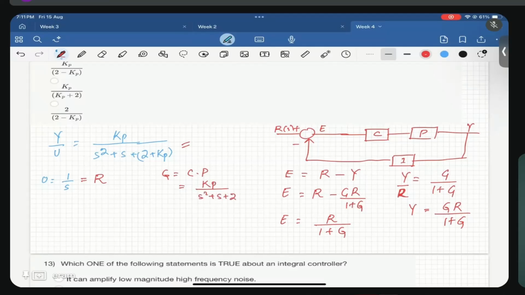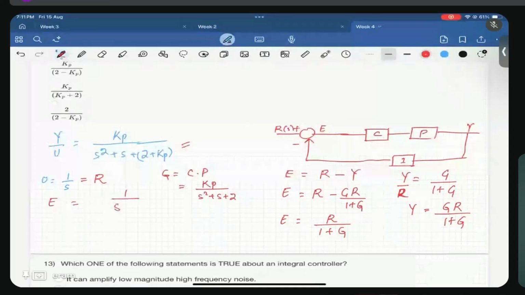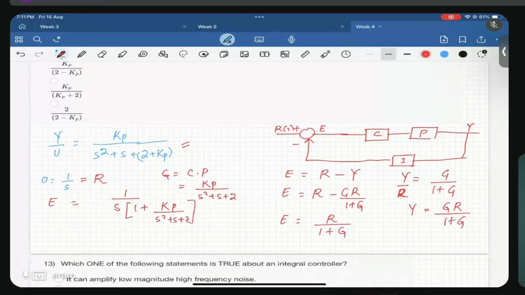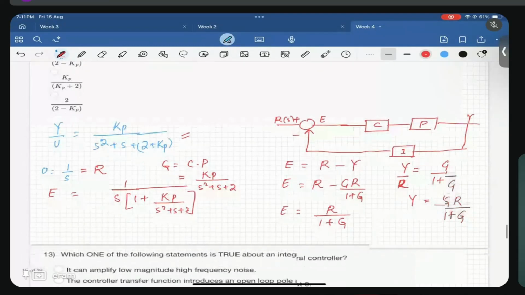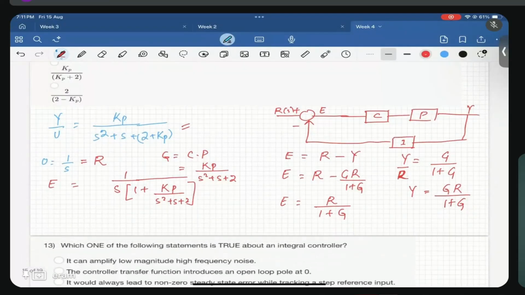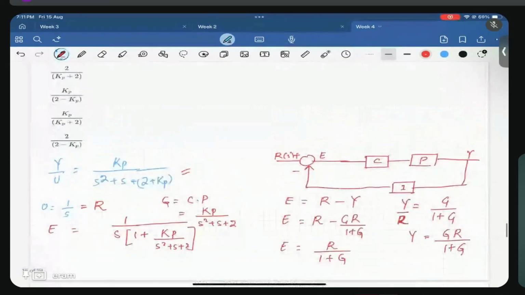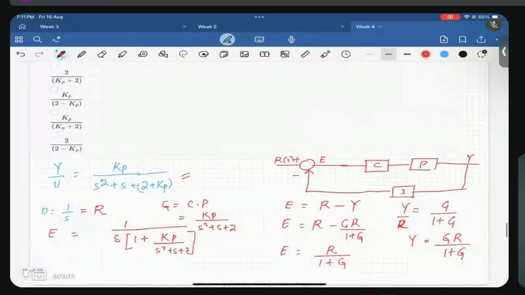So E is 1 by s into 1 plus Kp by s square plus s plus 2. Now for the steady state error, what do we need to do? We can use the final value theorem. What does it say?